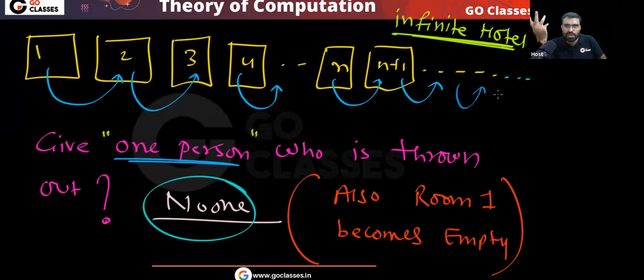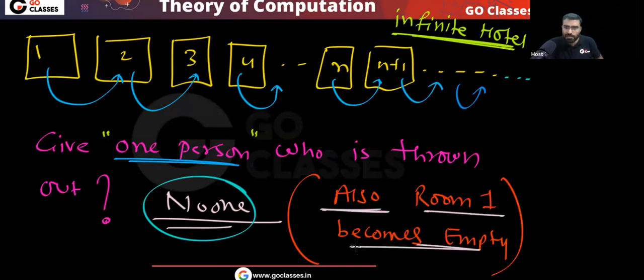Every person will keep going to the next room. Is this clear? So you can notice no person is evicted, and room number 1 becomes empty.